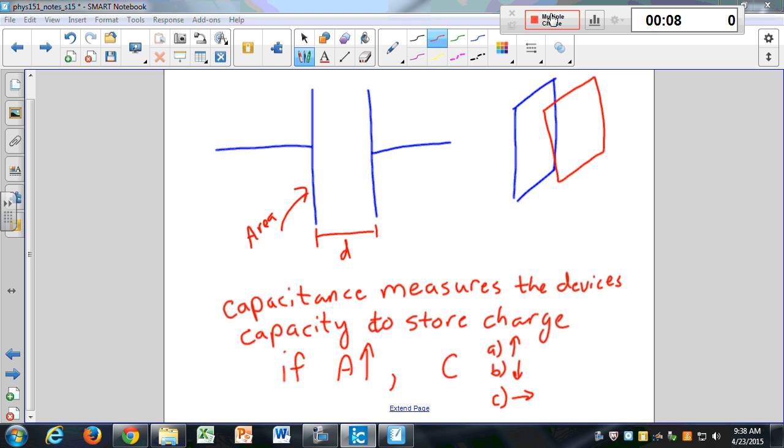That means it has a greater capacity to store charge. Will it be able to store less charge, so the capacitance goes down? Or will its capacitance remain the same? If I make those plates bigger, what happens to the capacity of them to store charge? Does it increase, decrease, or stay the same?